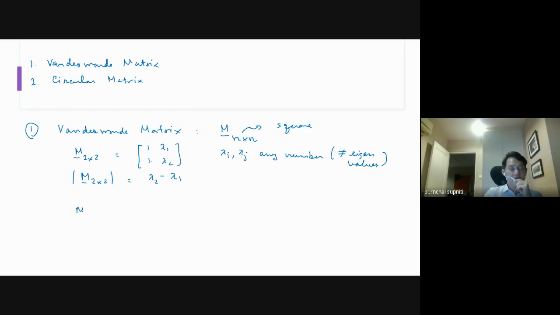If we have a 3 by 3, this Vandermonde matrix will have this form. The first column is all 1. The second column is lambda 1, lambda 2, lambda 3. If you don't like lambda, you can put some other letters like L, or even M. And the third column is going to be lambda 1 squared, lambda 2 squared, and lambda 3 squared.